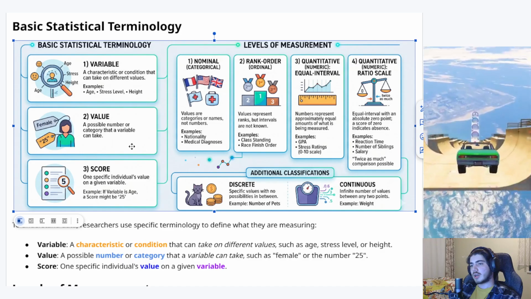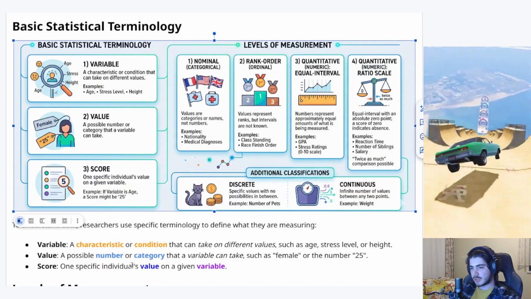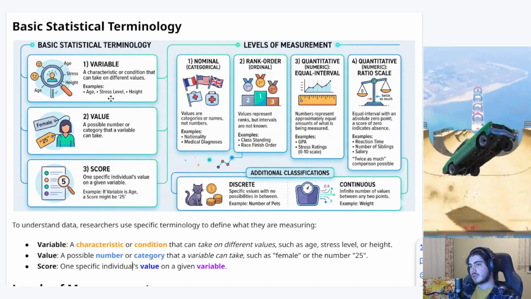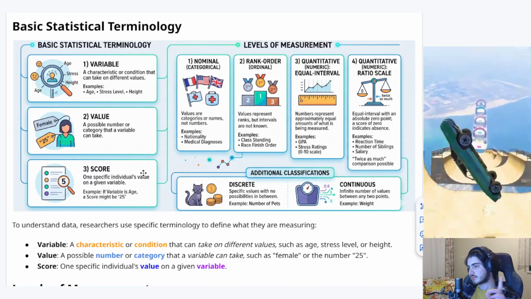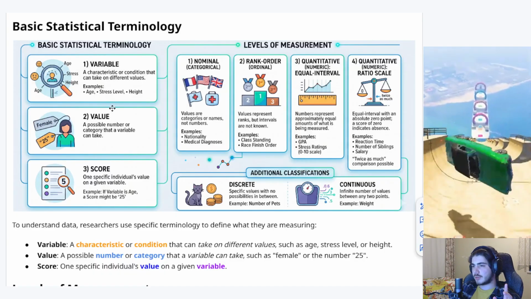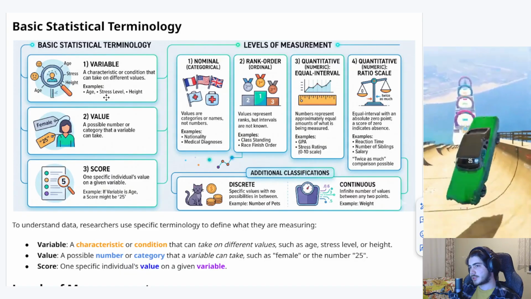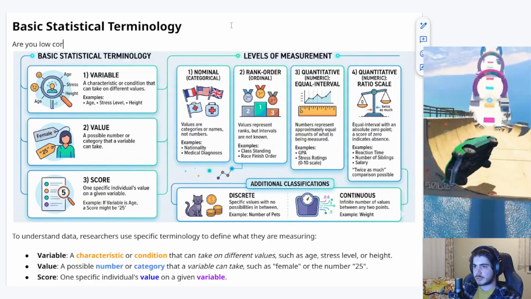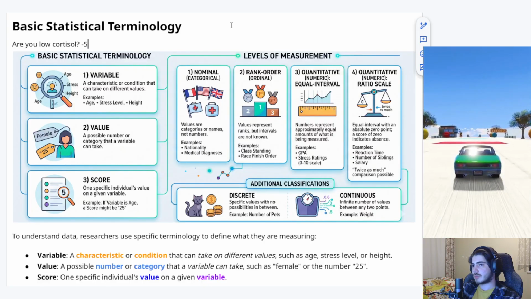So the score is a bit different because there's not really much of a difference between value and variable, but there's one minute difference. For example, let's say you have a variable called stress level. And you have a test question that says, are you low cortisol? And then the person responds with a 5, for example.